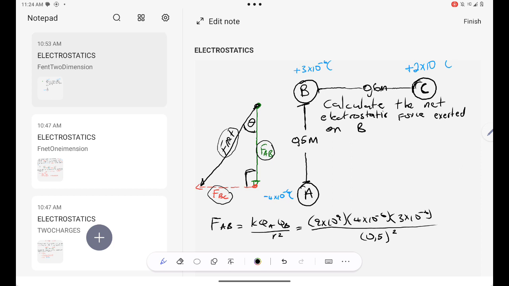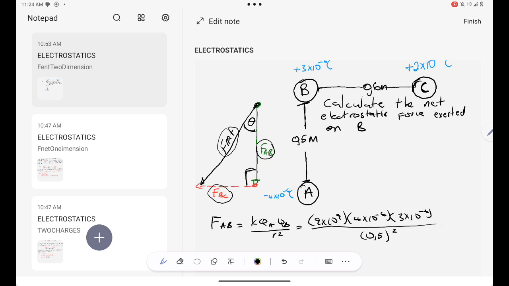Let's see what we get. So this will basically give us 0.432 newtons. Are you together?